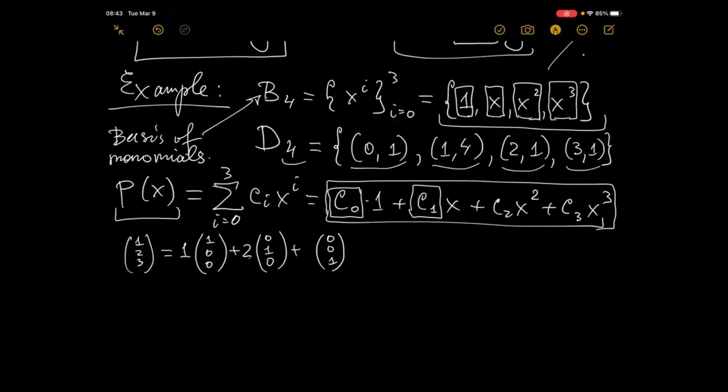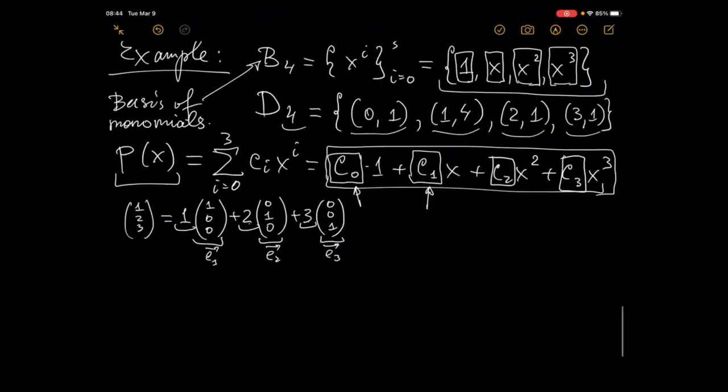Exactly. Here? 3. Right? So these are nothing else but the so-called coordinates in this natural basis. This is E1, this is E2, this is E3. So essentially what we are trying to do is find the coordinates, in the basis of monomials, of the function which will satisfy all these 4 data points.